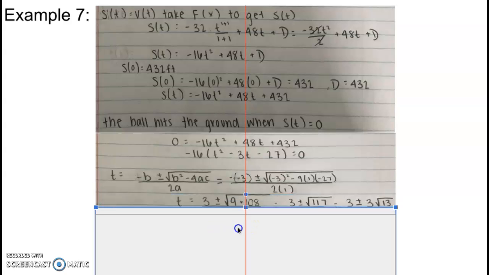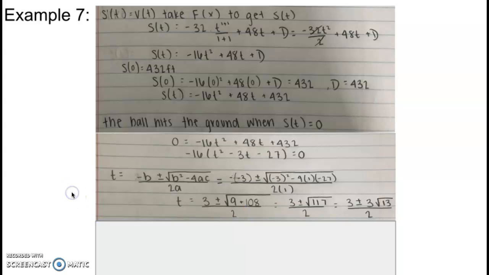When we simplify this a little more and do some calculations, we get t equals 3 plus or minus the square root of 9 plus 108 all over 2, which then goes to 3 plus or minus the square root of 117 all over 2.